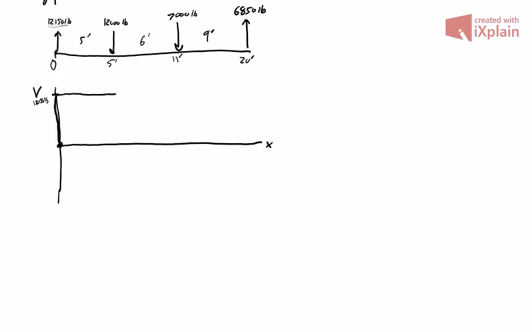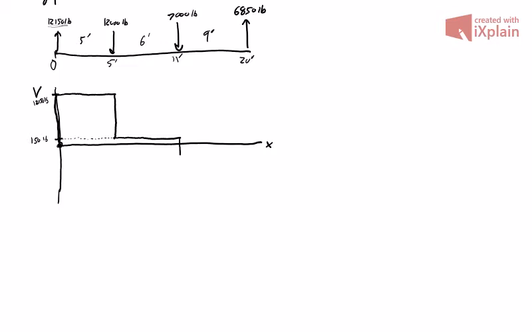Next, we hit a negative 12,000 pounds. So we're going to drop down by 12,000 pounds. And if we were at 12,150, that means we're now at 150 pounds. And then we have no forces for a while, and then we hit a negative 7,000 pounds.